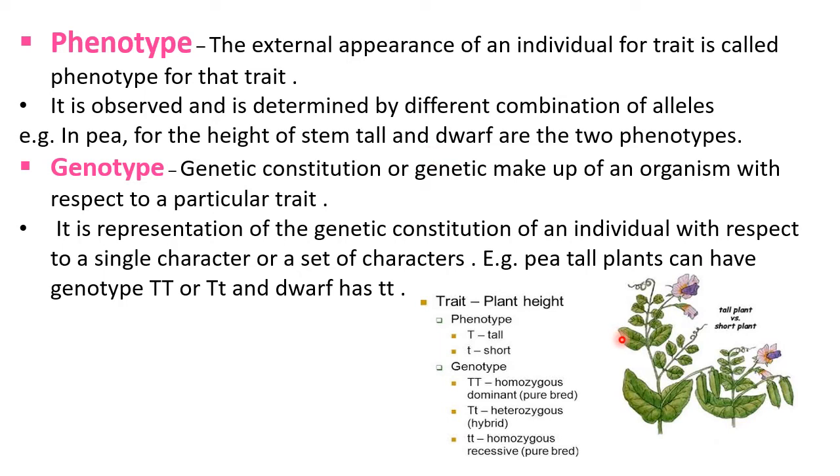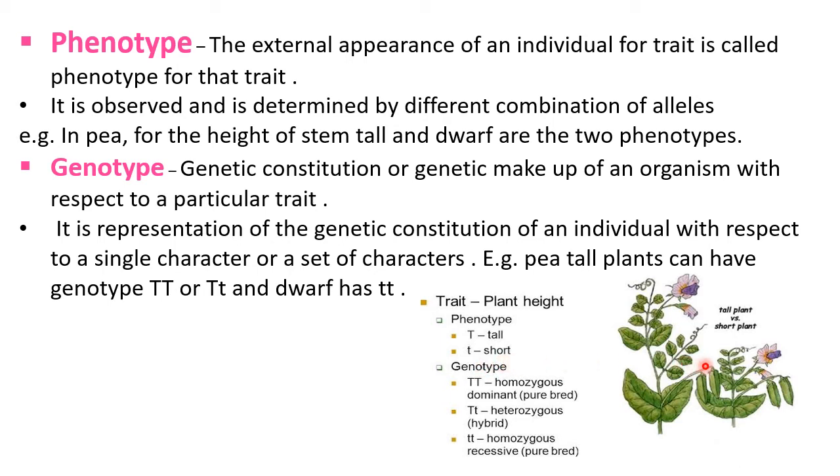In the diagram, we see two different plants having different heights. The first one is a tall pea plant, denoted by capital T. The second one is a short or dwarf pea plant, denoted by small t.